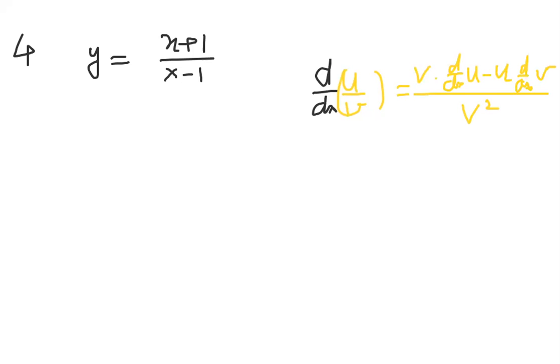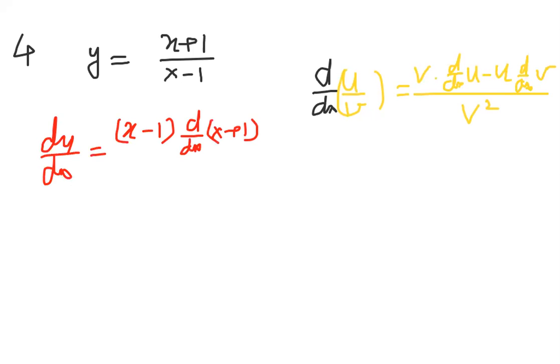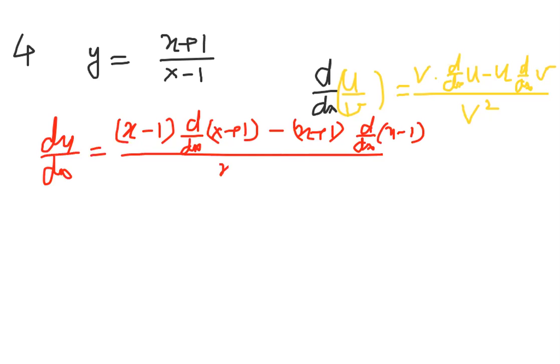So let us apply this identity to the question. dy on dx equals denominator, that is x minus 1, ddx of numerator x plus 1, minus numerator x plus 1, ddx of denominator, that is x minus 1, upon x minus 1 whole square.